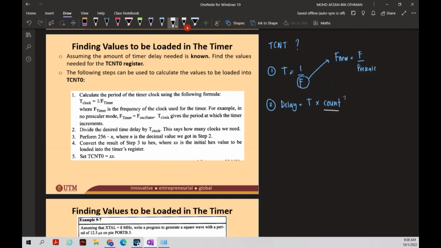Once you get the count, we go to the third equation: TCNT equals FF, which is the maximum for an 8-bit counter register, minus the count that you got from the second equation, plus 1. Then you will get the TCNT value. After you get this TCNT value, you put it into your programs.